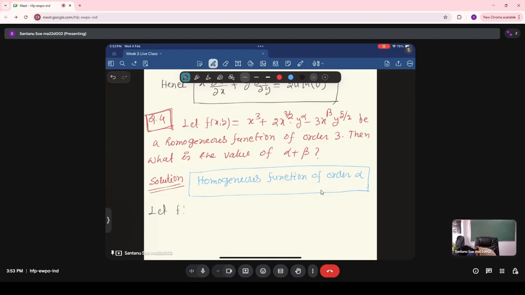So let f from Rn to R be a real valued function.